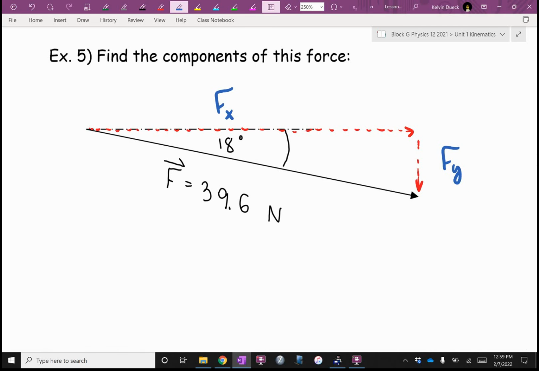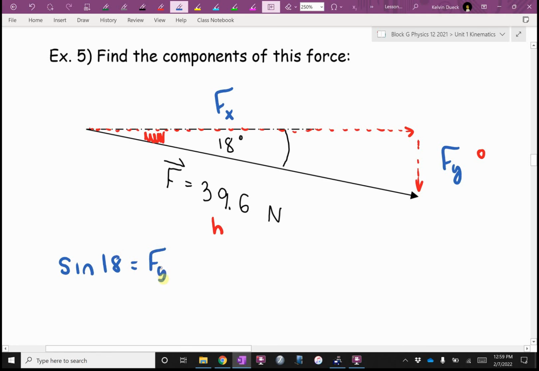Sarah, what do you want to find first, Fx or Fy? Fy. Okay. Fy is opposite, 39.6 hypotenuse. Sarah, which trig function? What always goes next to the trig function? The angle.